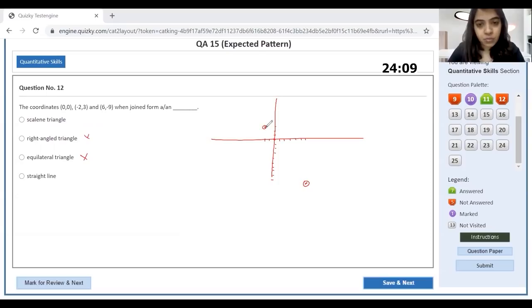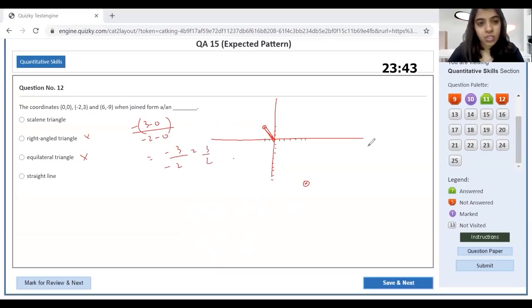So, let's see what is the slope of this. The slope is change in y by change in x. So 3 minus 0 upon minus 2 minus 0, which is minus 3 by minus 2, which is 3 by 2.